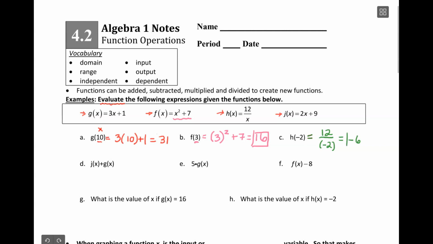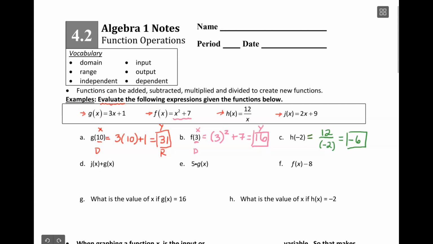So let's talk about what that means in terms of a function and in terms of ordered pairs. So on this first one, g, I said that our value was x. That means our output is y. Our 10 is our domain value. Our 31 is our range value. In b, the 3 is our domain or our x.